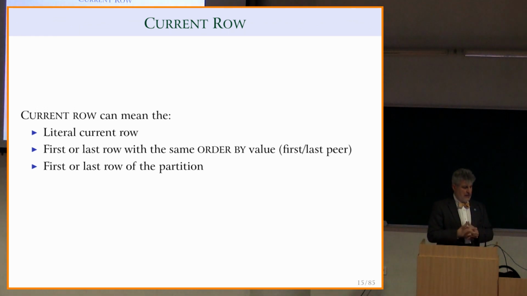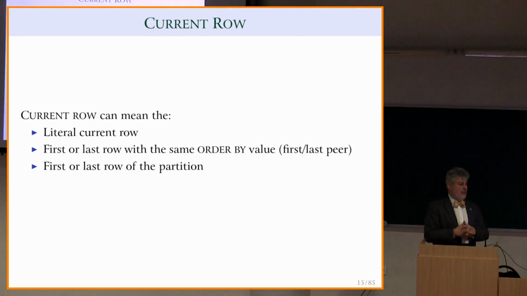There are other times where it will mean any row that has an equal order by value to my row. So if my row is A, current row might mean all of the A's or all of the 7s, whatever the value is. It may mean everyone that has my same value in the order by clause.